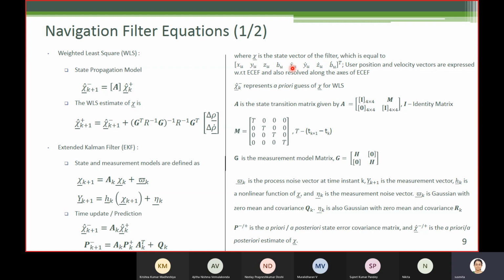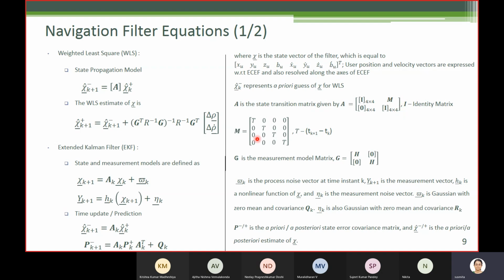Xu dot into the time interval will take it to the next time instant. And if we do this for all the y, z, even for bu, and put that in a matrix form, A will be a state transition matrix given by this. You need to do this by hand, otherwise you will not feel comfortable with this.